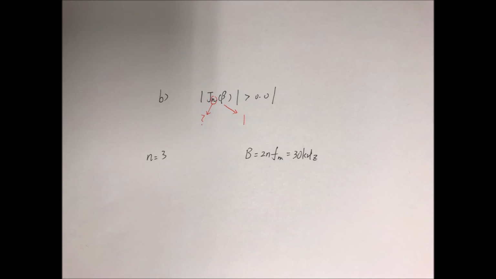So the bandwidth for significant sideband will be 2N fm. 2 is right, 2 sides. fm means your signal's bandwidth, and N from this equation. So 2 times 3 times 5, we have 30 kilohertz.